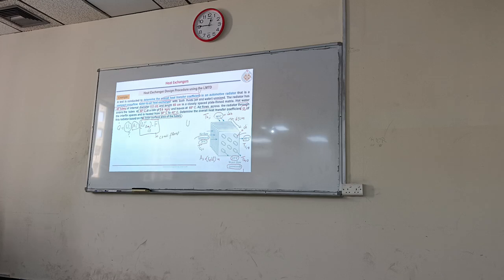So let's show it as counterflow. THI, THO, TCI, TCO. So that is delta T1, delta T2.